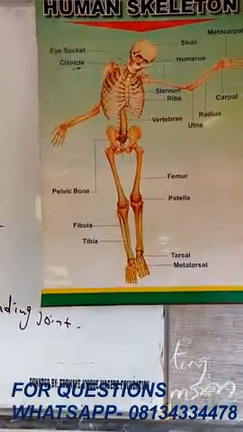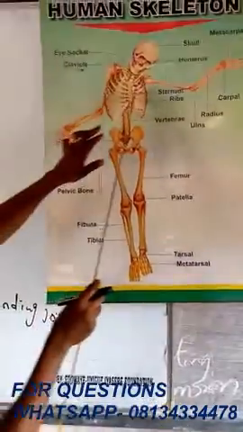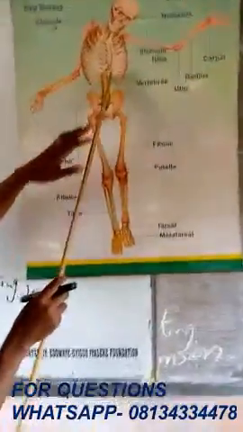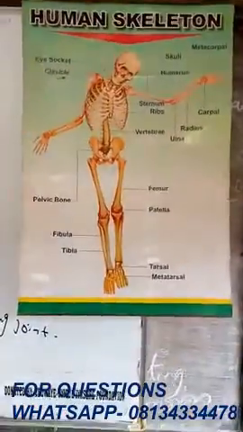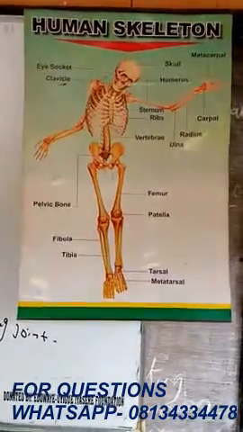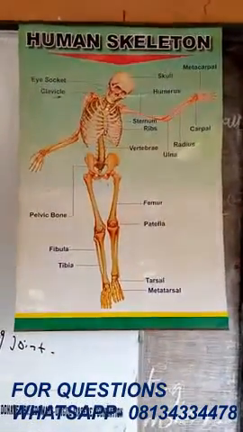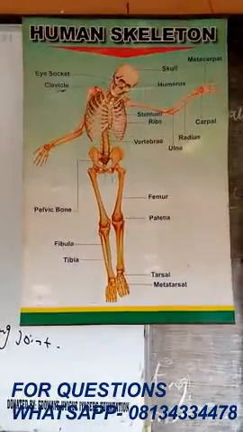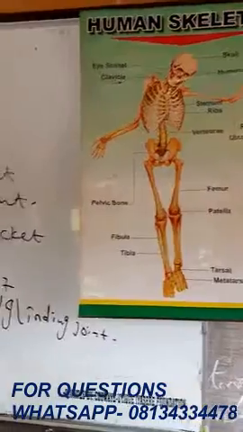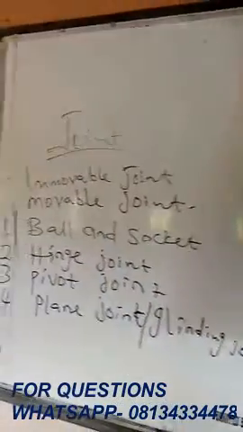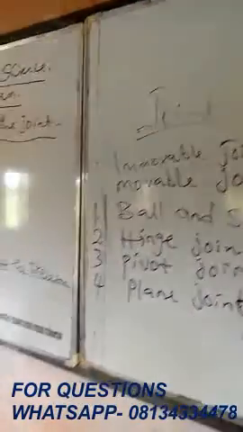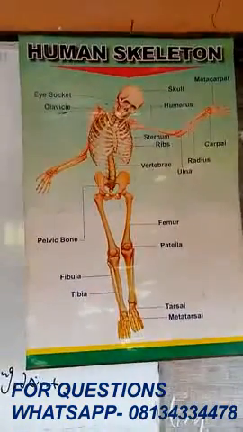The rib cage here protects the heart, the lungs, and many other vital organs in the human body. It also helps in respiration.